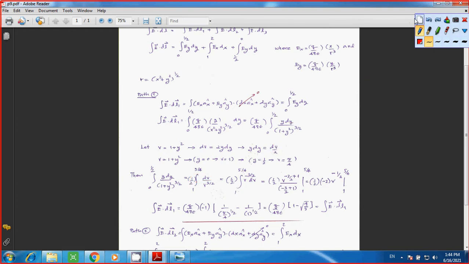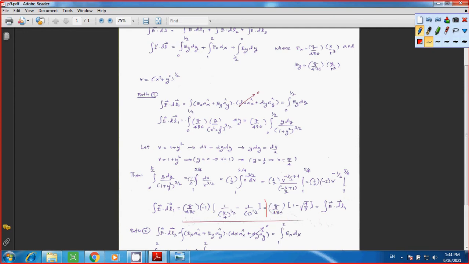And for the denominator, that becomes v to the power of 3 over 2. And you can do integration, so you end up with v to the power negative 3 over 2 plus 1 divided by negative 3 over 2 plus 1. And you take the lower limit and the upper limit of integration.